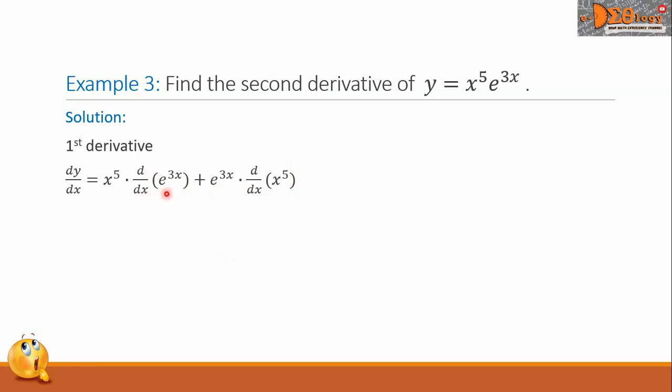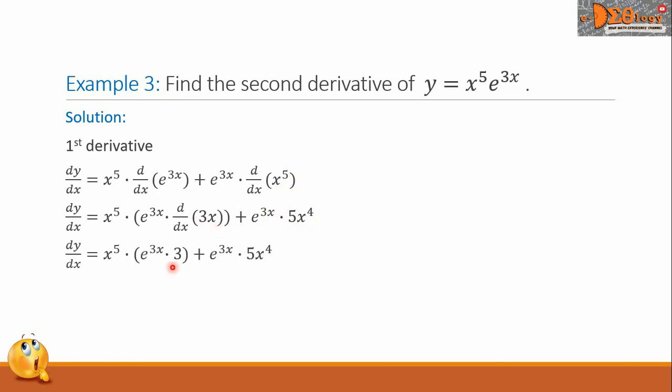So the derivative of e raised to 3x will be e raised to 3x times the derivative of 3x. And then, in here, the derivative of x raised to 5 will be 5x raised to 4. Now, the derivative of 3x will be 3. When we simplify this line, the final answer for the first derivative will be 3x raised to 5 e raised to 3x plus 5x raised to 4 e raised to 3x.